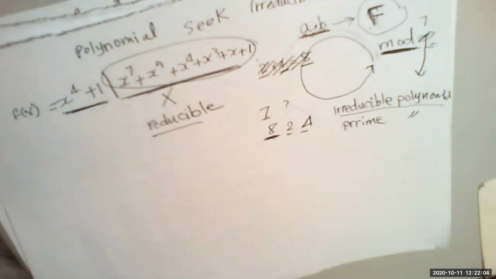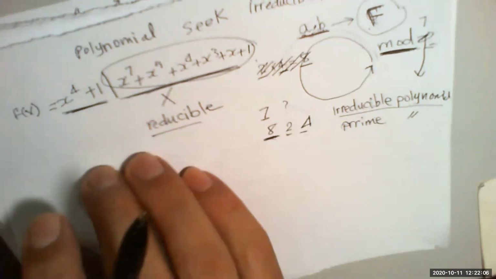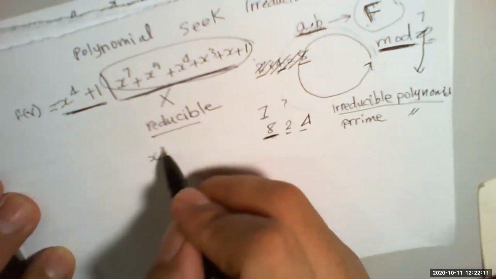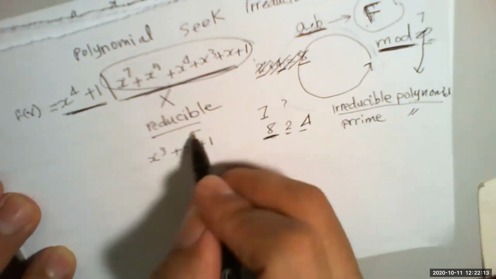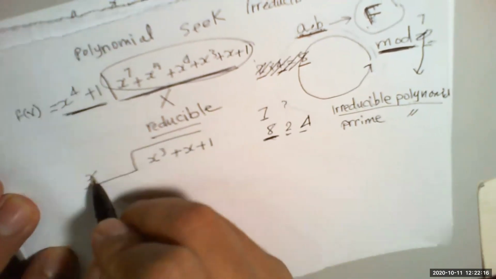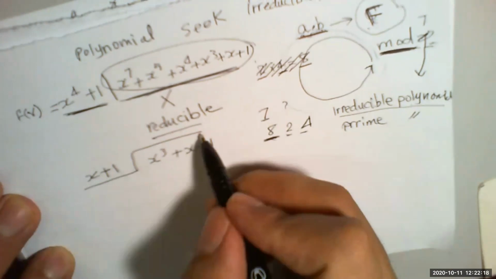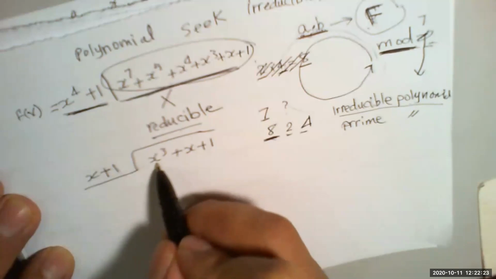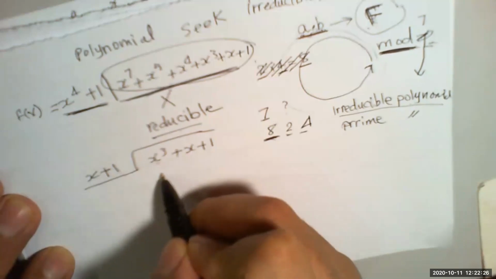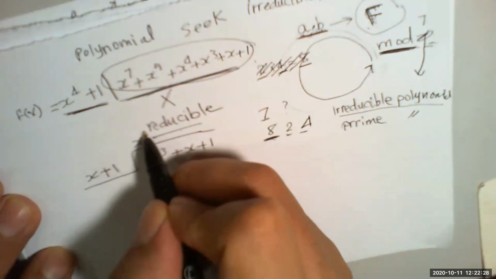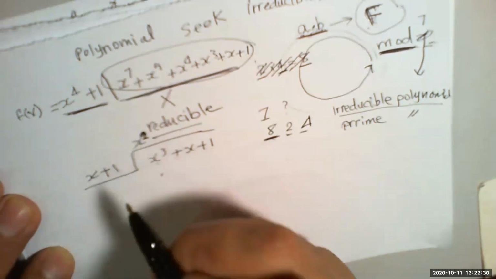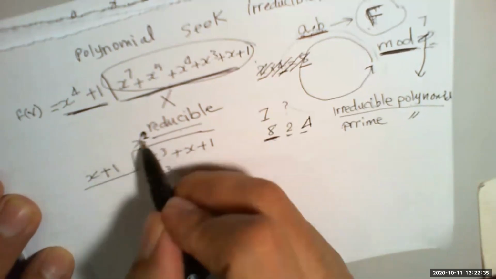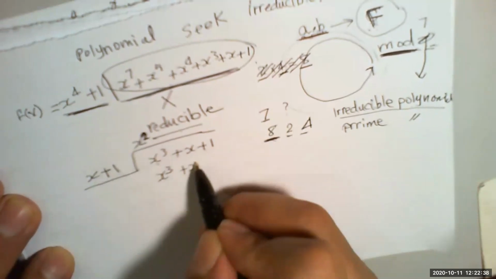Okay, let us see another type. Let's take another example. If I take x cubed plus x plus 1, I divide it by x plus 1. To get x cubed here, I have to multiply by x squared. x squared by x is x cubed. x squared by 1 is x squared.